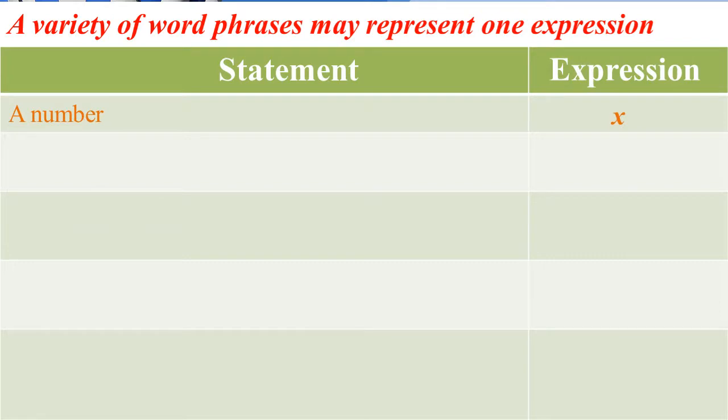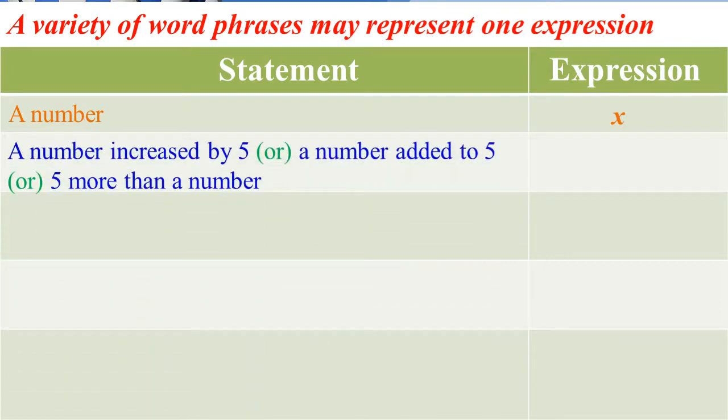The next statement is a number increased by 5, or a number added to 5, or 5 more than a number. So we already know a number means x. Here increased, added, more than is denoted by the arithmetic operation plus. So here we have to write x plus 5.